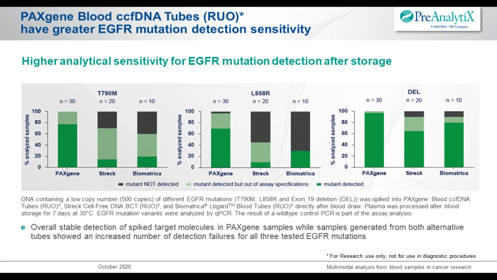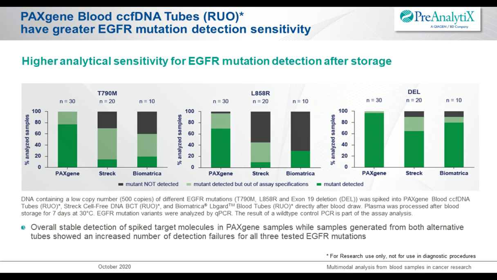Directly after blood collection, we spiked in sheared DNA, sheared to the size of ccfDNA, so 170 base pairs. This DNA carries mutations of the EGFR gene.